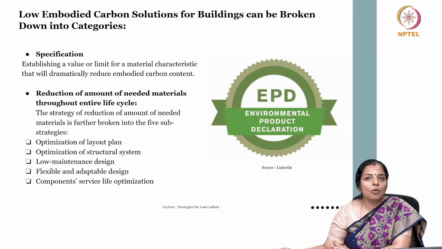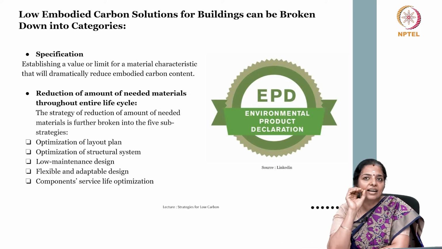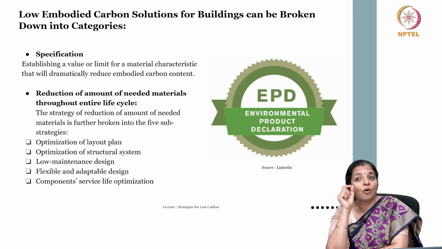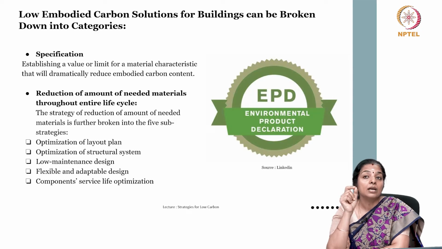Now, whole building design solutions can drive the greatest embodied carbon savings. However, material substitution and specification can also result in substantial embodied carbon savings, especially when these solutions target carbon intensive material such as steel, concrete, glass, aluminum, plastics.